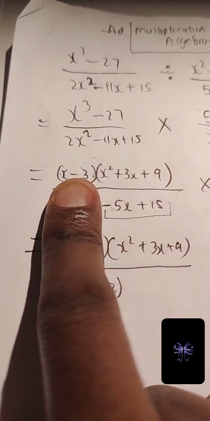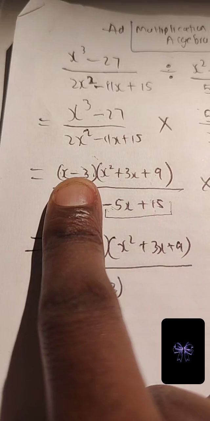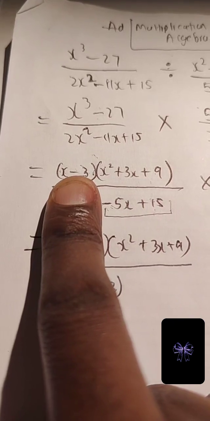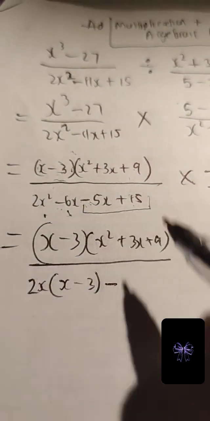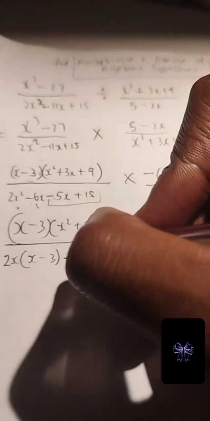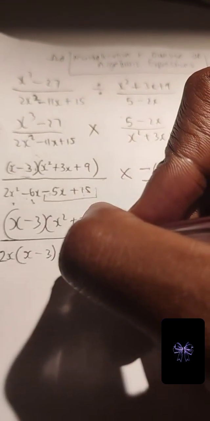So what's the sign of the first term? Negative. So you take that out as the highest common factor, followed by the number 5, and then we are going to have x in the bracket.